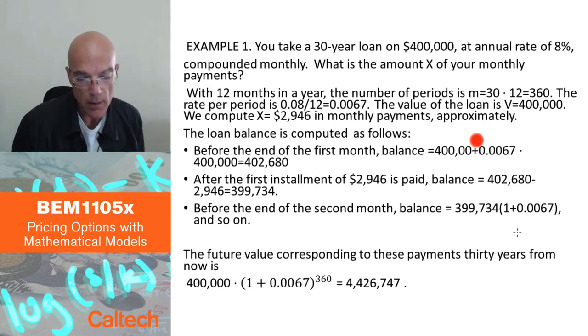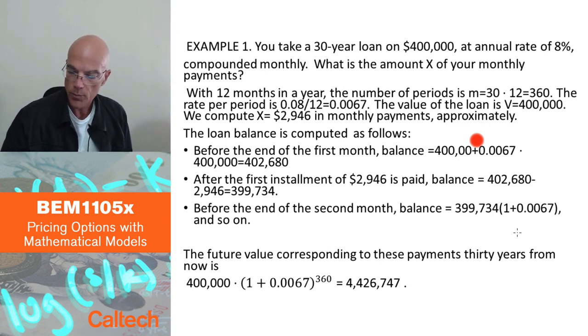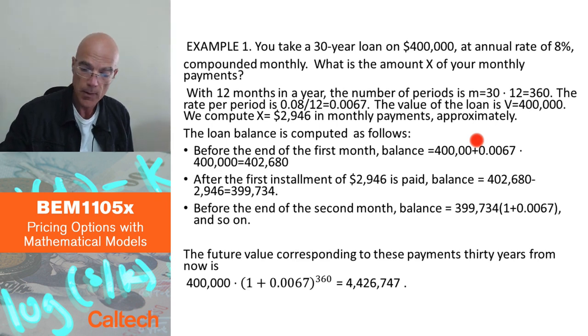And if you are curious, suppose that instead of taking this loan, you actually invest this at the same rate of 8% a year, compounded 12 times a year.